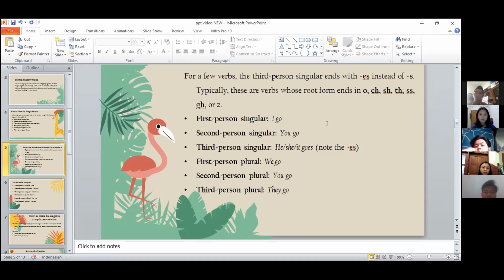Second person singular: you go. The third person singular: he or she or it goes. So you can note the es. The first person plural: we go. The second person plural: you go, and the third person plural is they go.